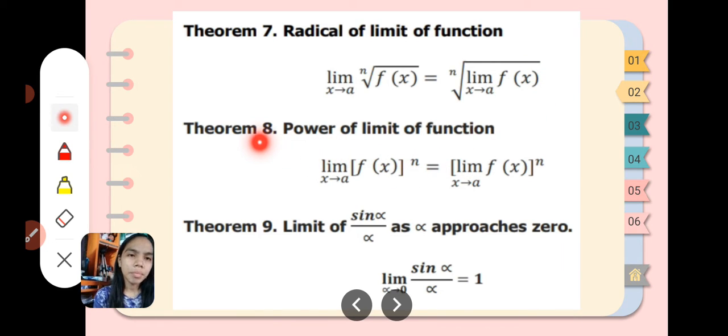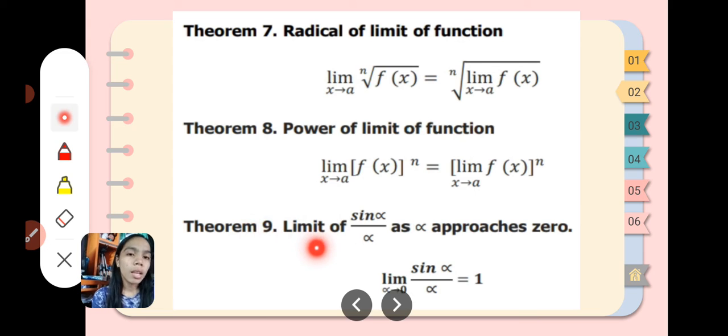Then for theorem 8, the power of the limit of a function. The limit of f of x to the power of n as x approaches a is equal to the limit of f of x to the power of n as x approaches a. We also put the limit as x approaches a on the f of x to the power of n.